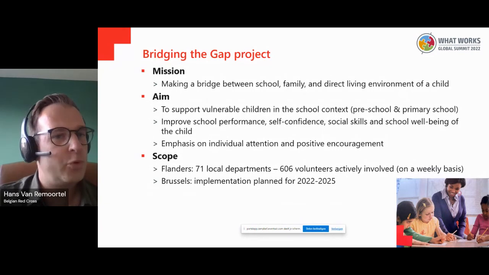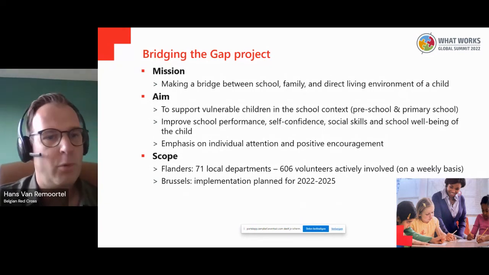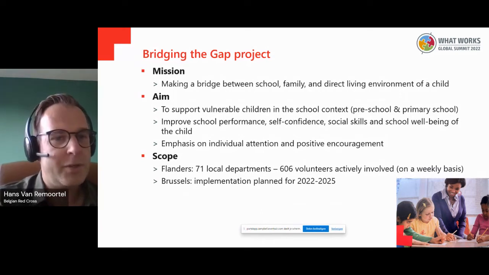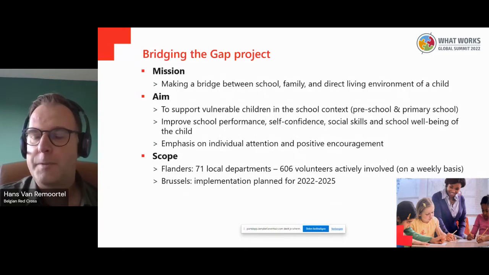In this project, we aim to support the most vulnerable children in their school setting, and we focus on preschool and primary schools. With our volunteers, we try to improve school performance, self-confidence, social skills, and the school well-being of the children. Emphasis in this project is on individual attention and positive encouragement.